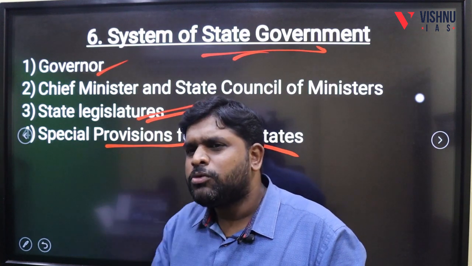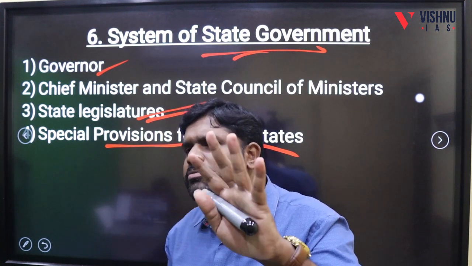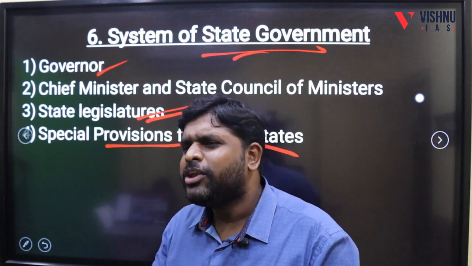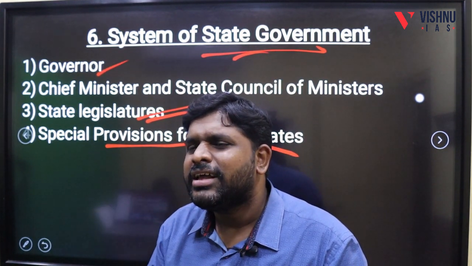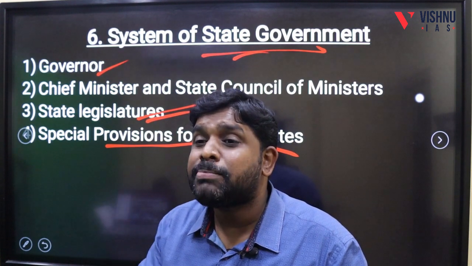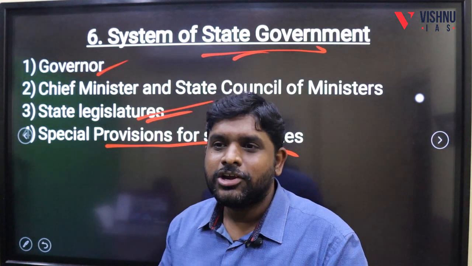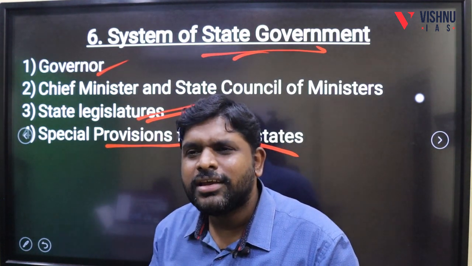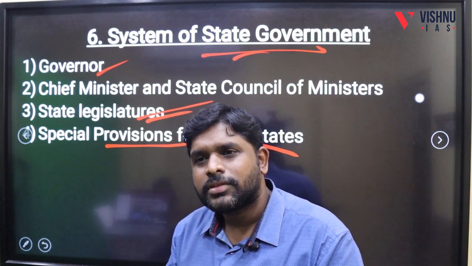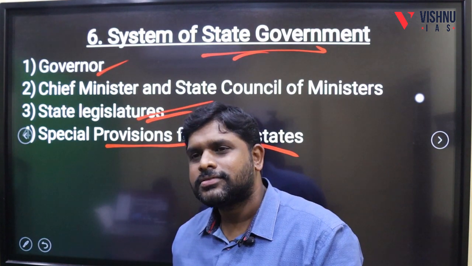See, I know some of you who have read are thinking that you read Lakshmikant. Can you tell me one difference? In the constitution there are parts and schedules. 12 schedules are there in the constitution. What is the difference between the parts and schedules? Why did they divide into parts?